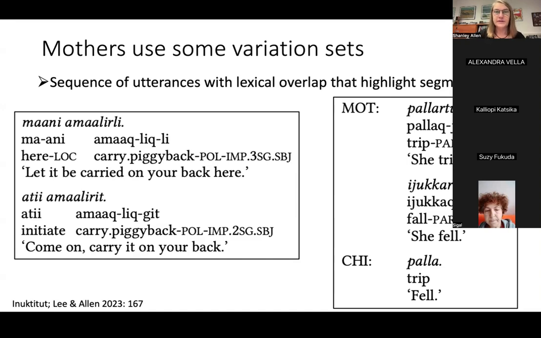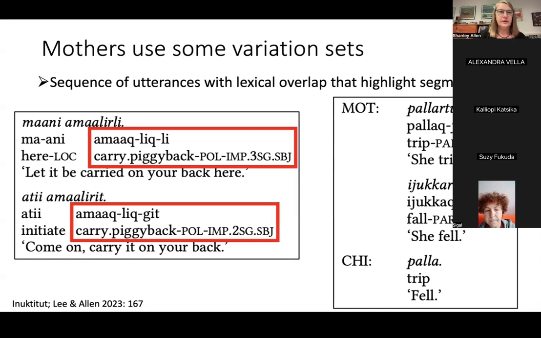So here's a couple of examples from Inuktitut. In this first one, we see mani amalekli, let it be carried on your back, and then ati amalerit, come on, carry it on your back.